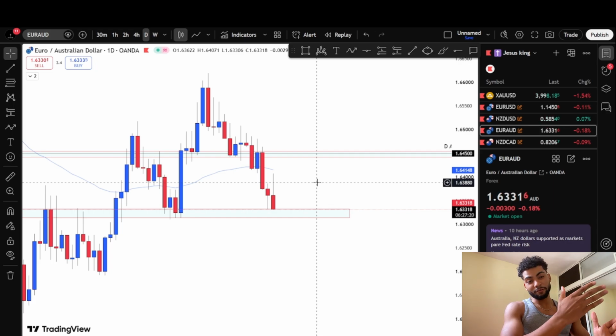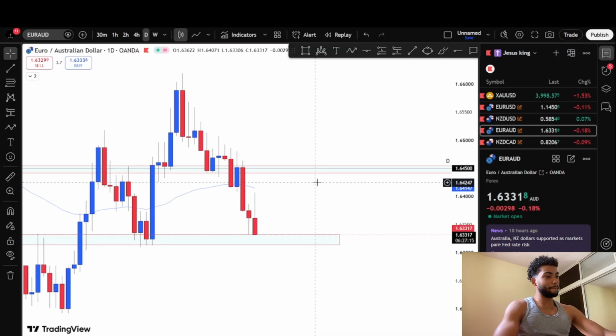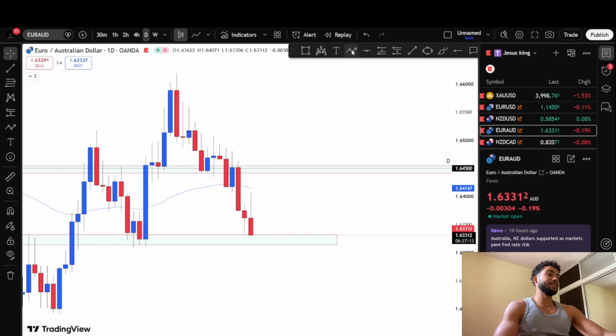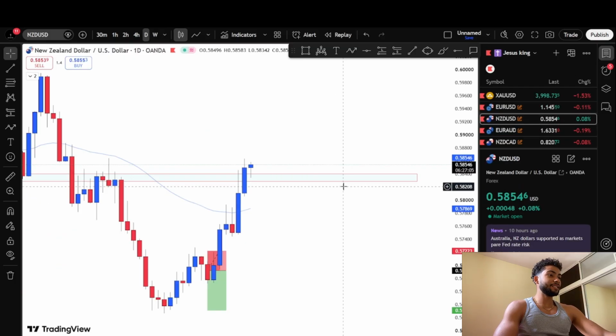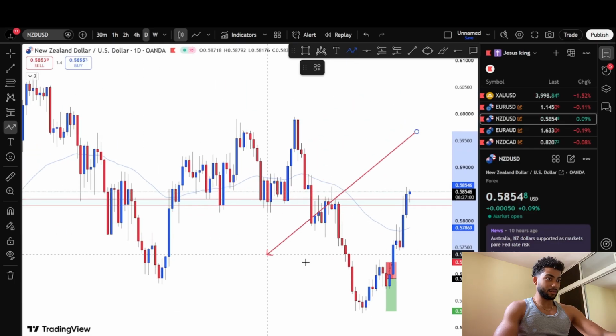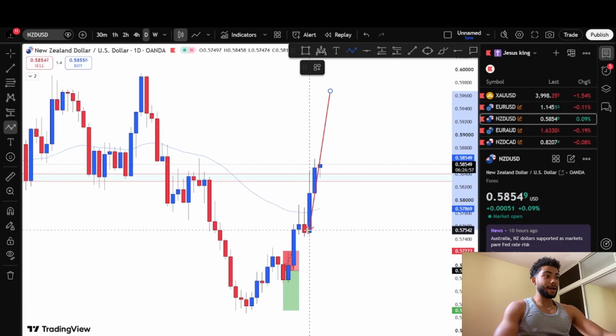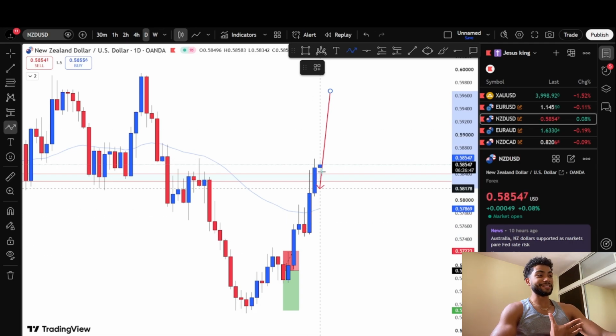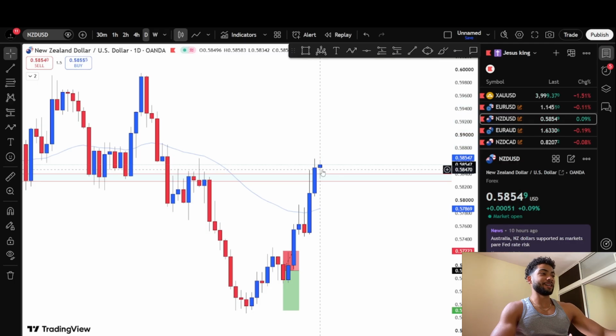And sometimes I avoid a loss, sometimes I miss out on profits. For example, in this scenario, I missed out on this move, on this trade. But on NZD USD, I was looking to sell right at this zone right here, and by waiting for that extra confirmation that I was waiting for in Euro AUD, I avoided this loss, thank God, because I was waiting for that confirmation.